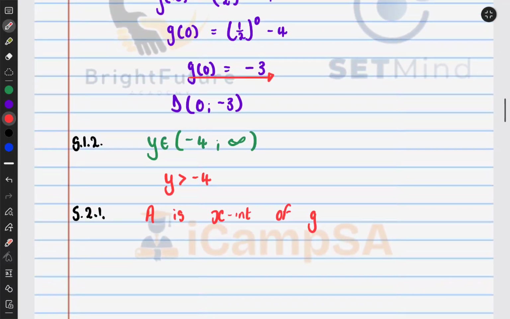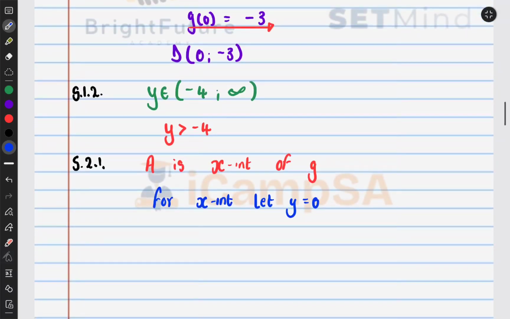And then for the x-intercept, let y equal 0. That is how we solve for an x-intercept.